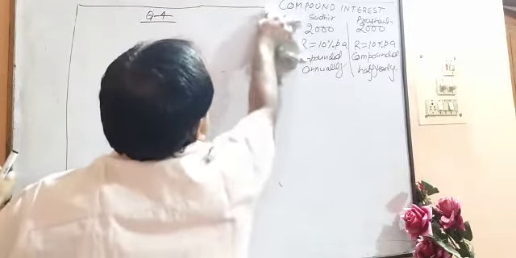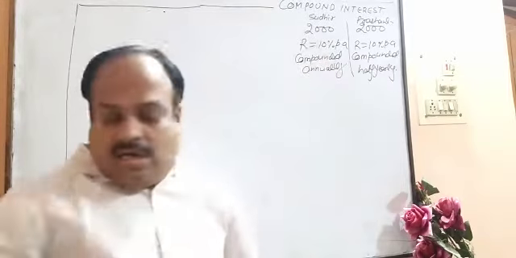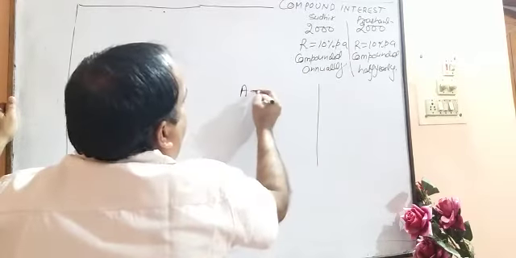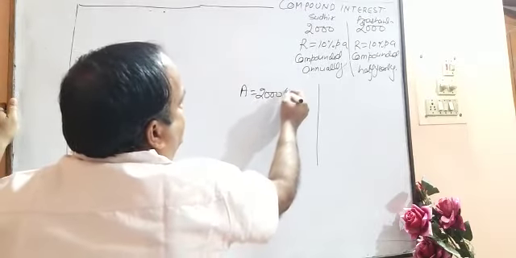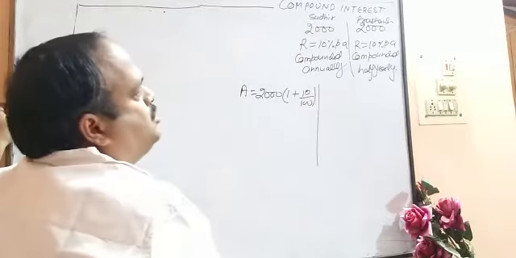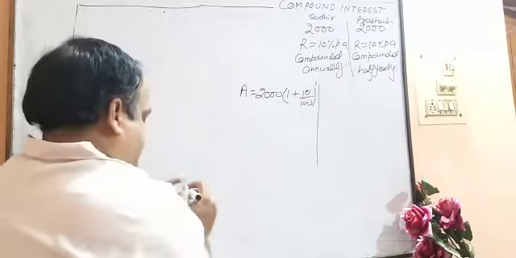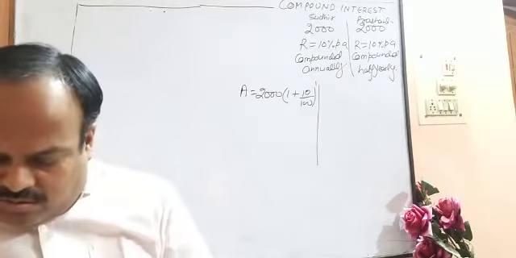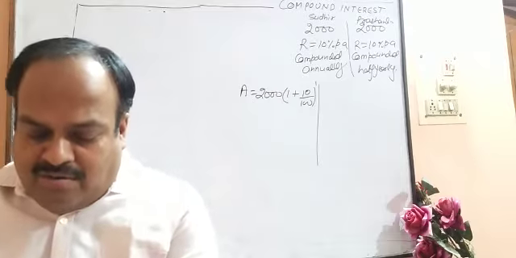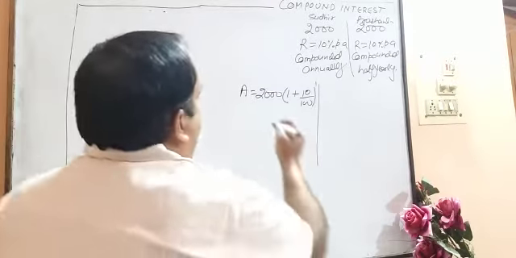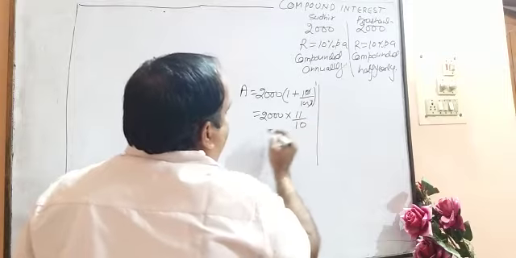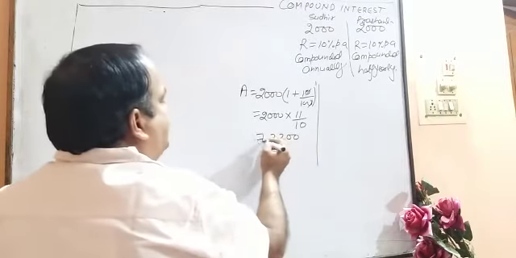Since in the case of Sudhir the interest is compounded annually, the amount is equal to 2000 into (1 plus 10 by 100) to the power 1, which comes as 2000 into 11 by 10, 2200 rupees.